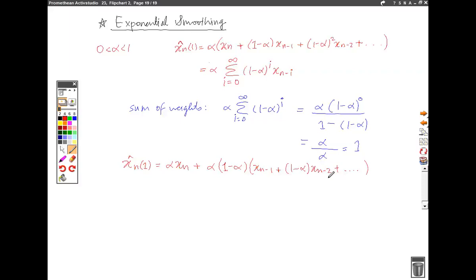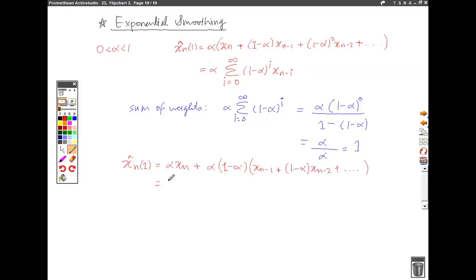If you see what I did, I took this alpha common again. So I had alpha times (1 minus alpha) for xn minus 1. Again here, for my coefficient of xn minus 1, I have alpha and 1 minus alpha. And for xn minus 2, I had alpha times (1 minus alpha) squared. If I'm taking alpha and 1 minus alpha common, I will only have 1 minus alpha left for xn minus 2, and so on.